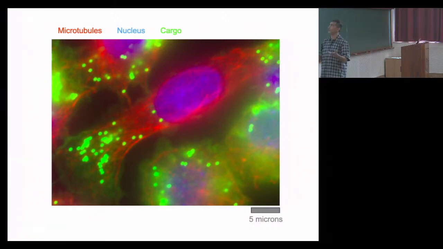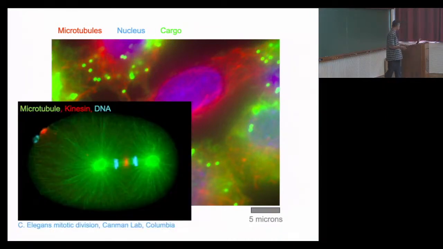You can see the microtubules shown in red, and these small fluorescent beads which have been eaten up by these cells, just like these cells would eat up bacteria, for example. Those can get transported. If this was a movie, you would see them moving around, but this is just an image. So we have microtubules, nucleus, and cargo in different colors.